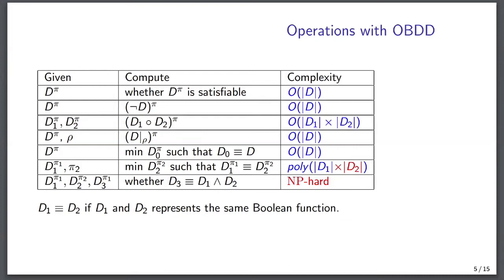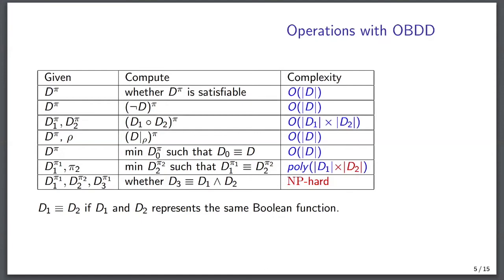But manipulating OBDDs with different orders is usually very hard. For example, just verifying that function D3 is the conjunction of D1 and D2, where these OBDDs use at least two orders, is NP-hard.